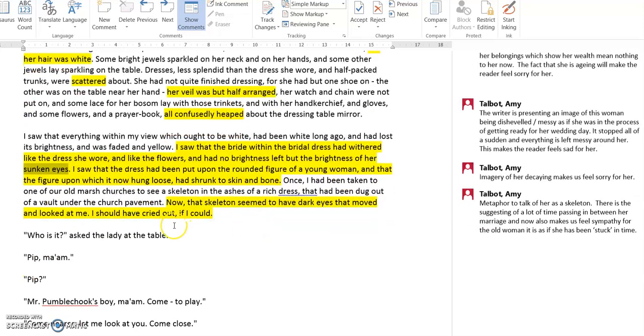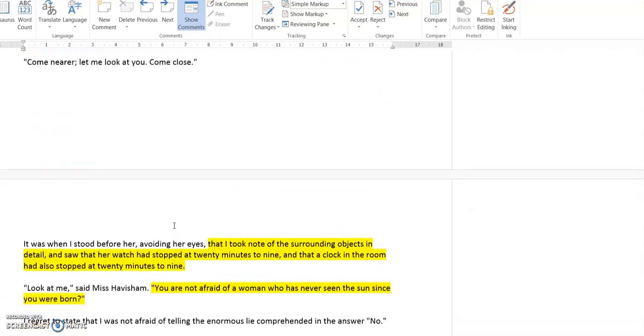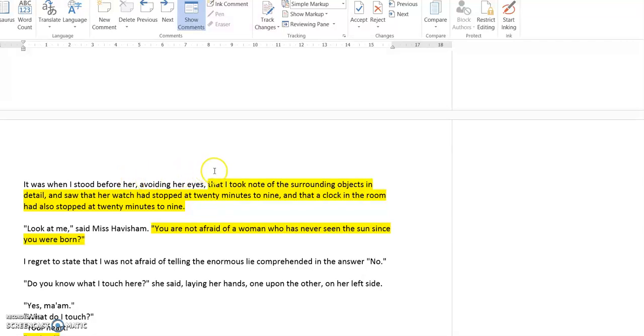Okay, and then as we move on, we come to this one, which we analysed as part of question 3 when we looked at the structure, and we said that we go back to Pip's mind, if you like. We go into his internal thoughts, and he looks around to see the surrounding objects, and he saw that her watch had stopped at 20 minutes to 9, and that the clock in the room had also stopped at 20 minutes to 9.